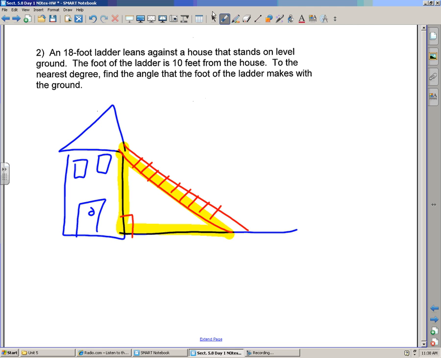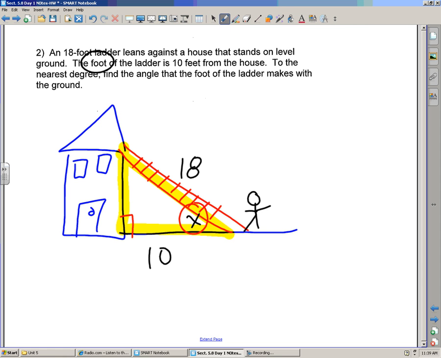So we've got some information. We know that the ladder is 18 feet, so this piece is 18 feet. We know that the foot of the ladder is 10 feet from the house. If I'm going to be climbing up a ladder, I've got to start from the bottom, the foot of the ladder. So that's where your 10 would go. Find the angle that the foot of the ladder makes with the ground. The only angle they could be talking about is the one right there.